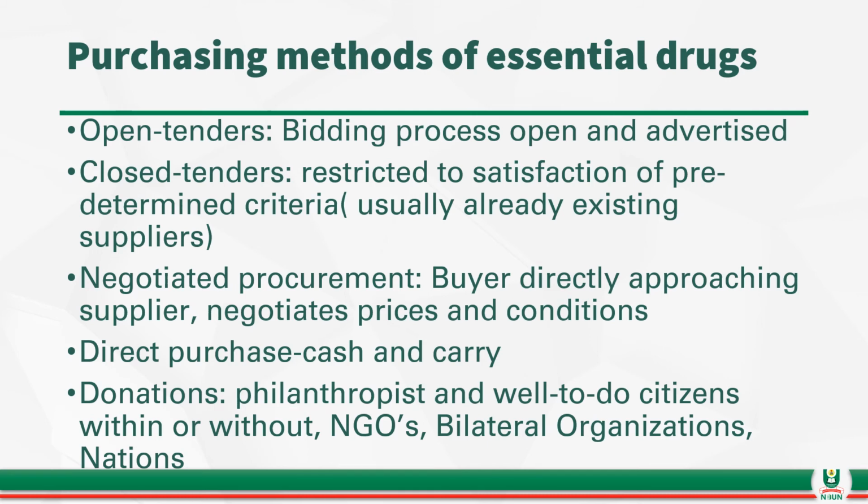Then some medications are also supplied based on donations, like philanthropies in different countries, NGOs, bilateral organizations, and some nations, as a form of humanitarian aid, could supply medications to other countries in need, like in cases of disaster and natural causes and all that.